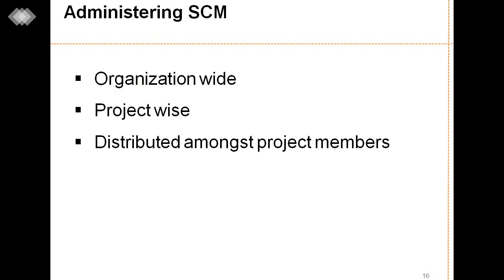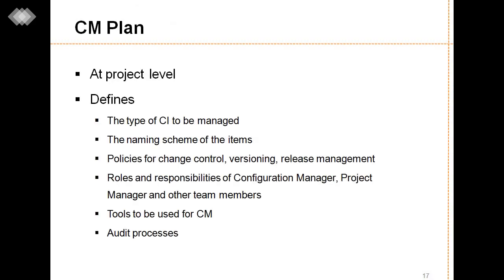After that, administrating SCM, which includes organization wide, project wise, and distributed amongst project members. After that we have covered some plans which define types of CI, naming scheme, some policies, the roles and responsibilities, tools to be used, and last we have covered the audit processes.